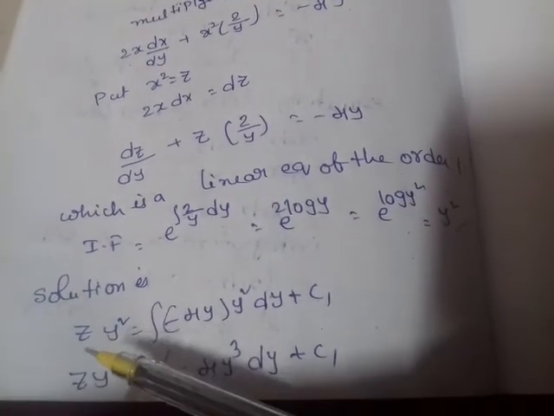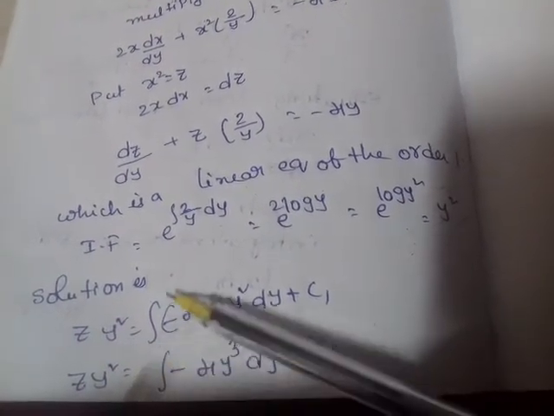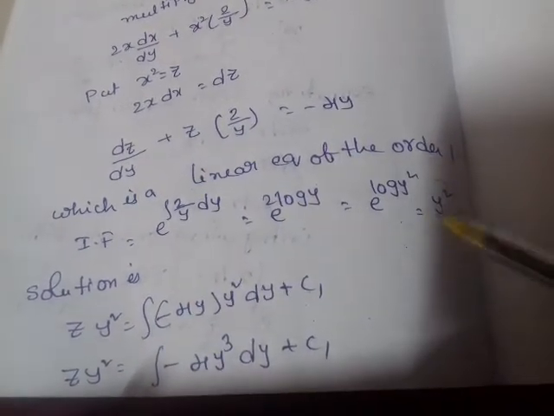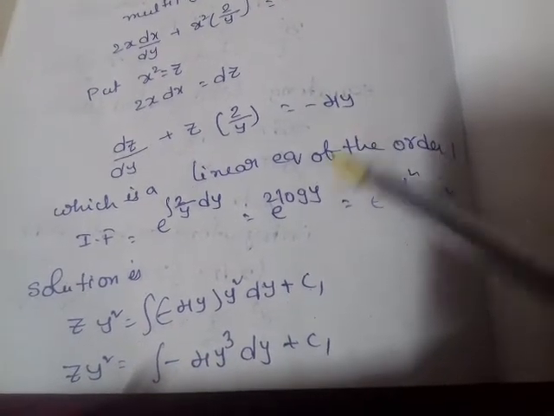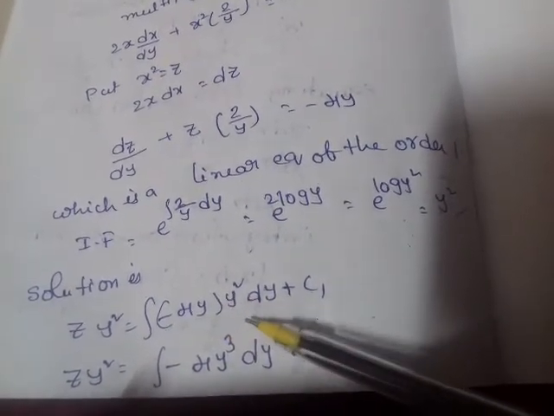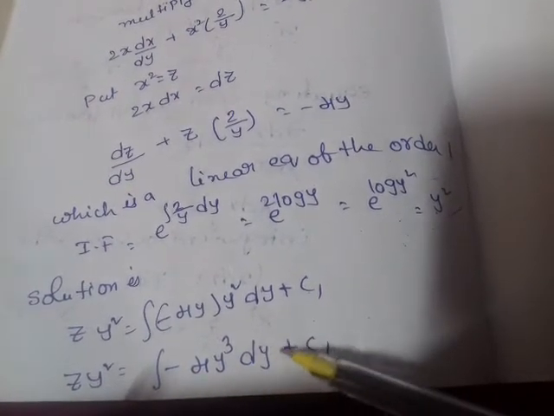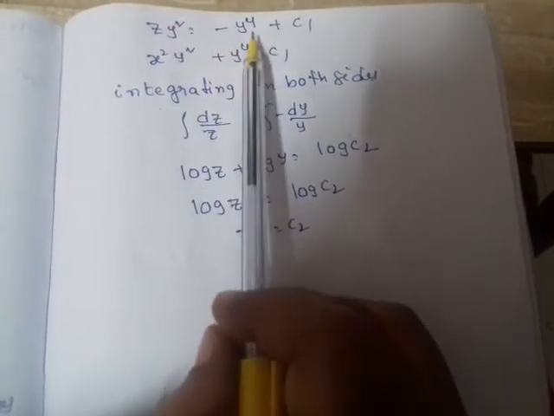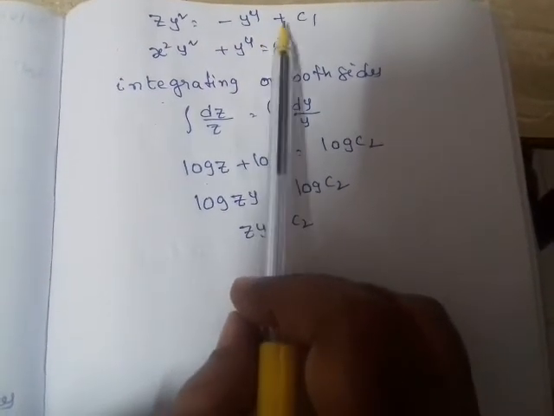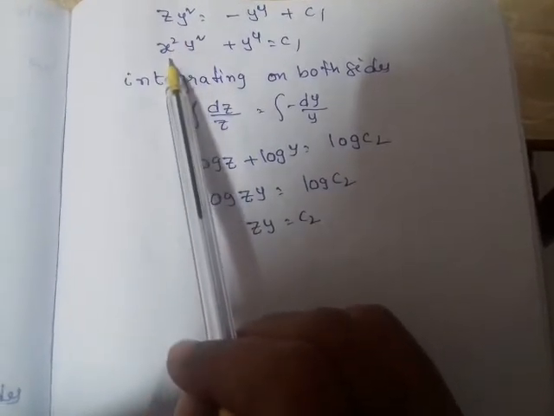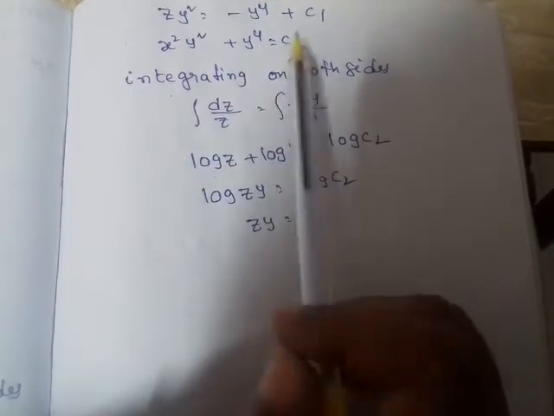The solution is z into integrating factor is equal to integral of Q into integrating factor dy plus c1. Here the integrating factor is y square and Q of y is minus 4y. So z y square is equal to integral of minus 4y cube dy plus c1, so z y square is equal to minus y power 4 plus c1. In place of z we can write x square, so x square y square plus y power 4 is equal to c1.